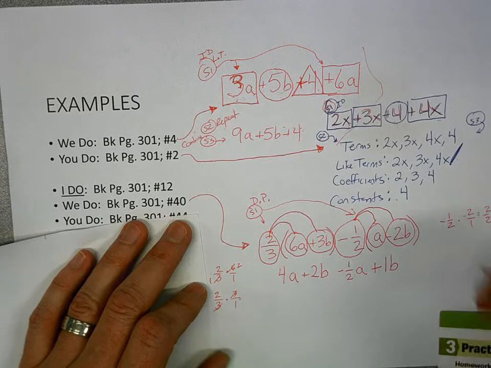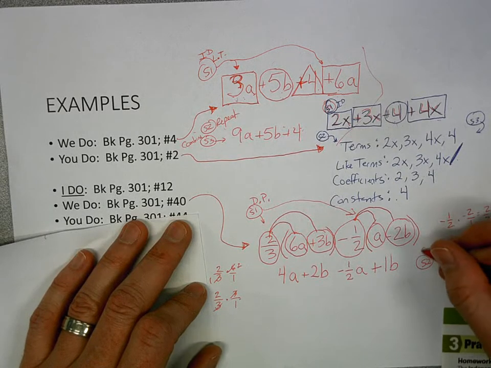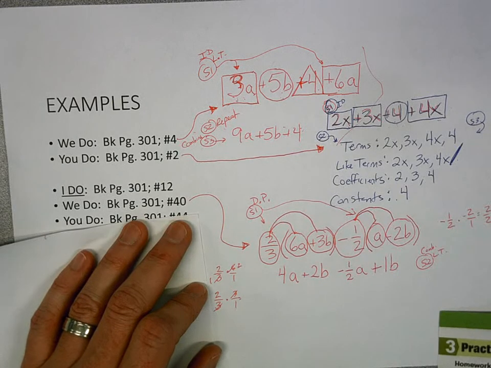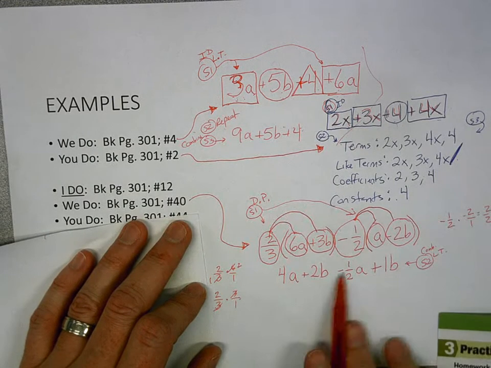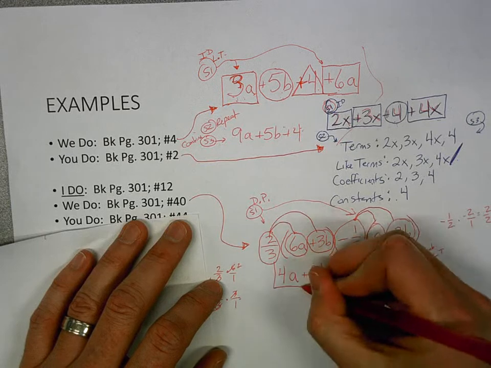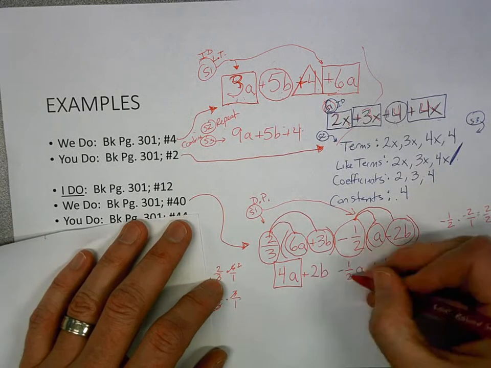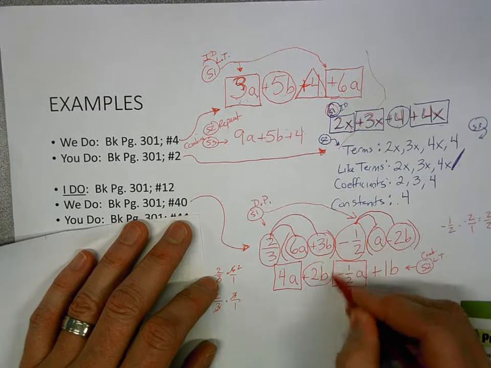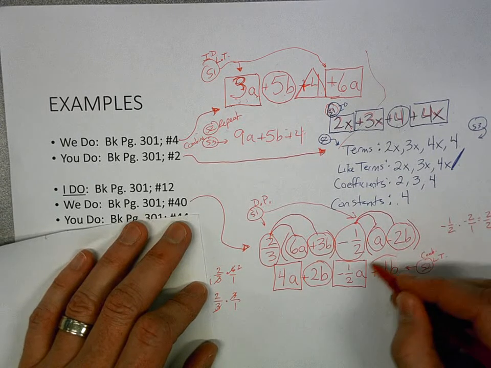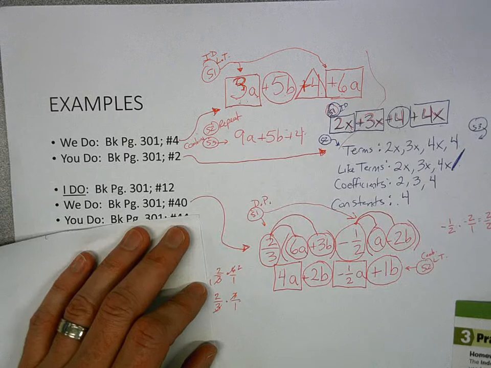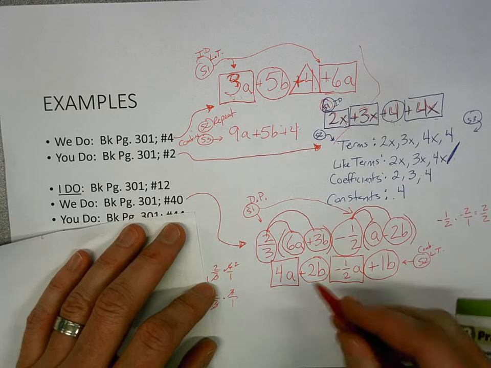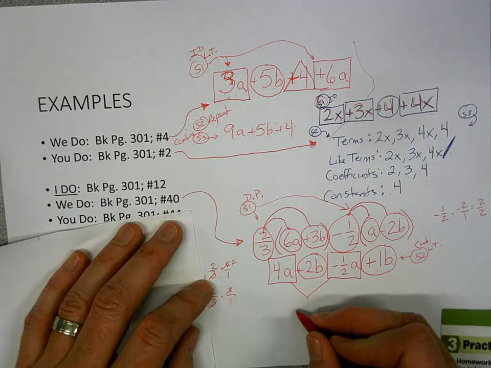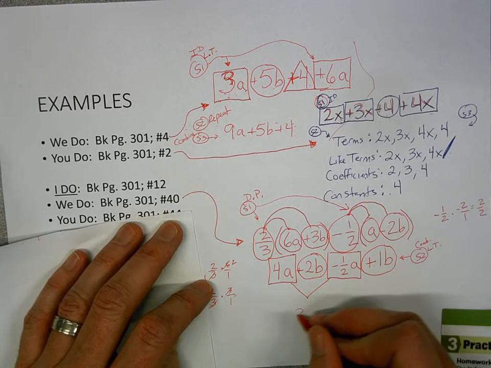Now comes step 2, and that is I'm going to combine like terms. So notice what I'm going to do is just what we did up here. Box in my a term. I look over, box in this a term. Circle this b term. Circle that b term. 4 minus 1/2 is what, everyone? 3 1/2 a.